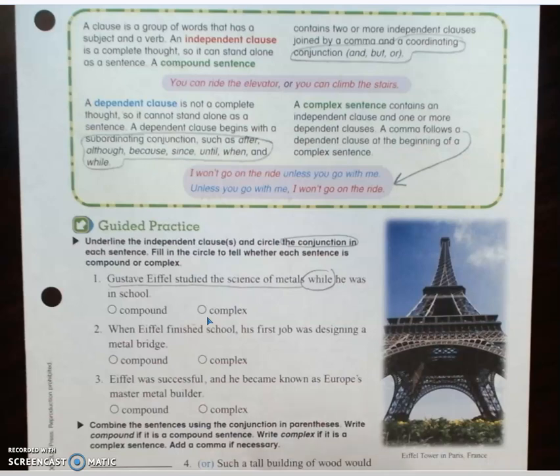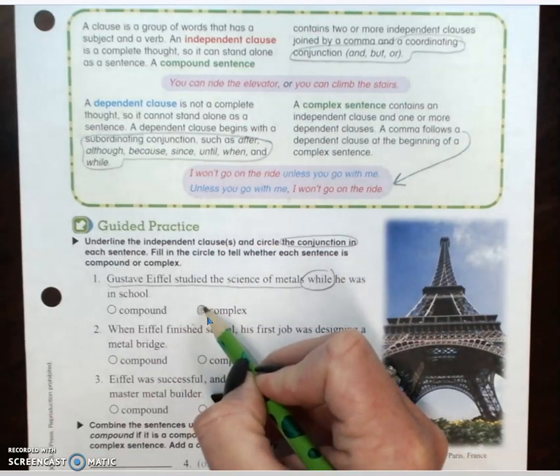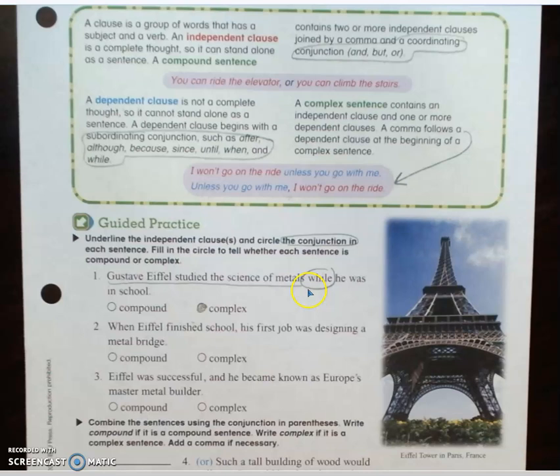Well, it's a complex sentence. The reason is that it has a subordinating conjunction. Sorry, I'm getting tongue-tied in here. It would be a compound if we had the coordinating conjunctions and, but, or, but it doesn't. It has this subordinating conjunction, while. So it's going to be a complex sentence.